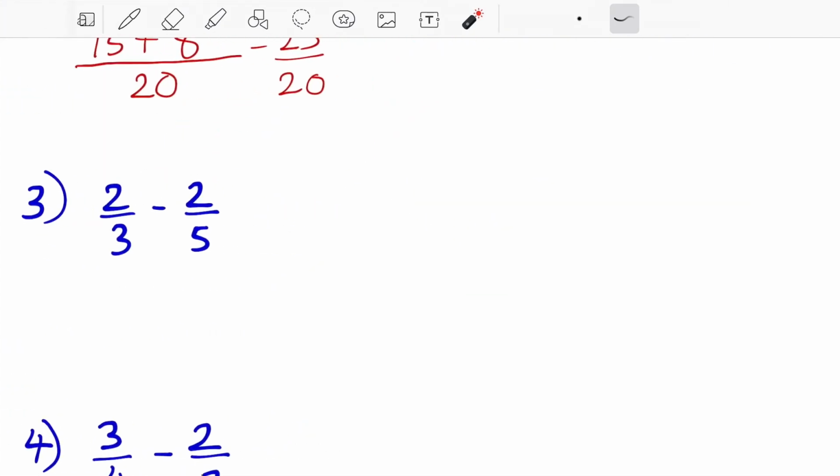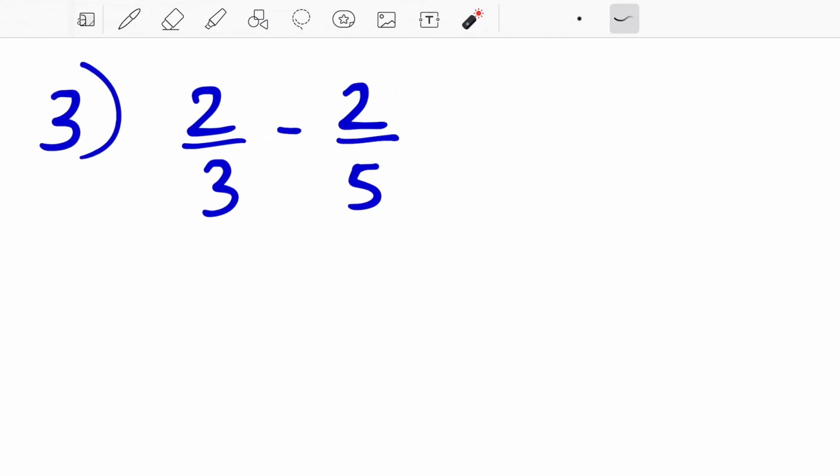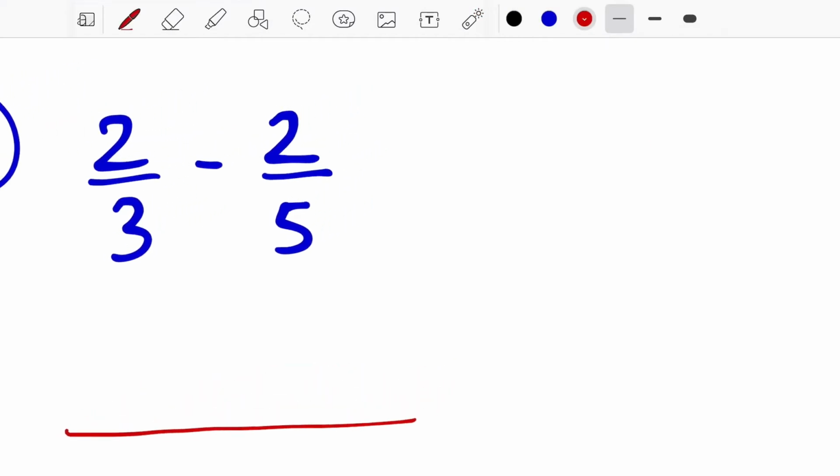Okay, so let's look at another question. This time we have subtraction. So let's find the LCM. So this time I will take my time and list the multiples out.